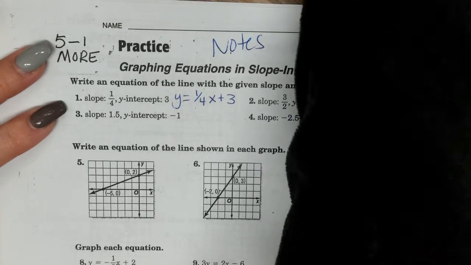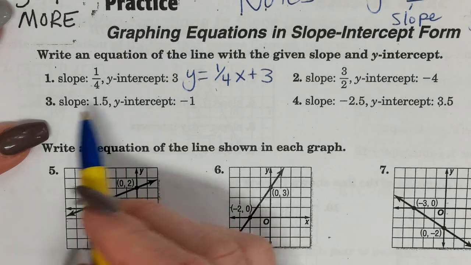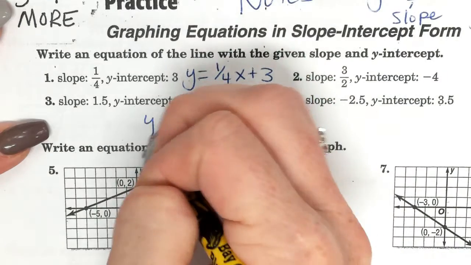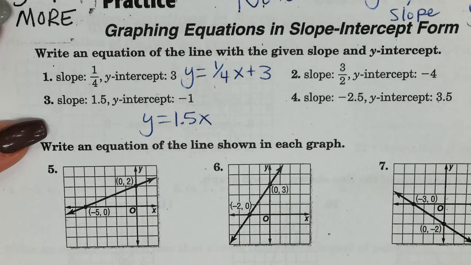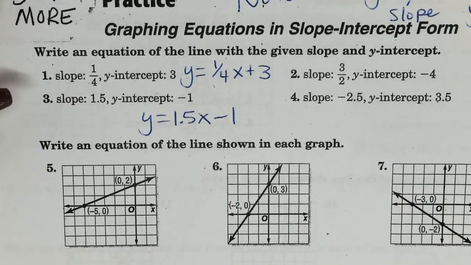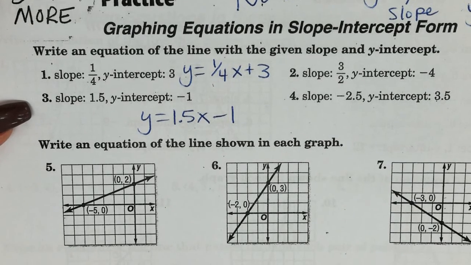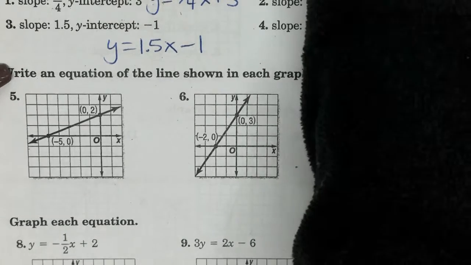That's it. So let's do this one. How would I write this? 1.5x either -1, or you could do plus -1. All right, number 5, 6, and 7.